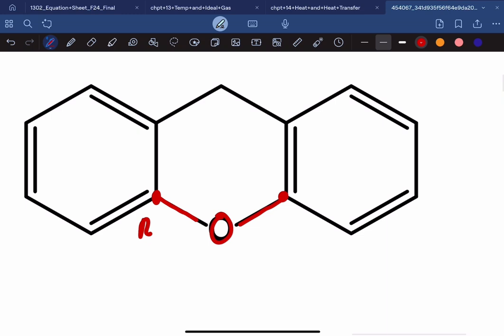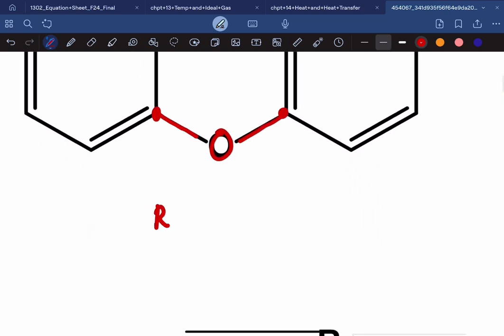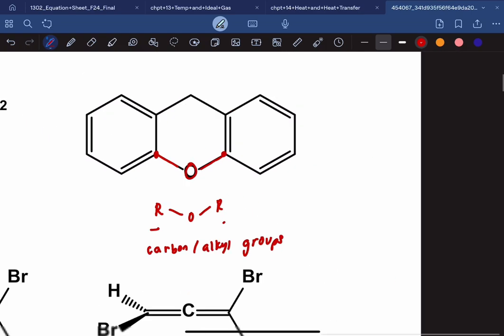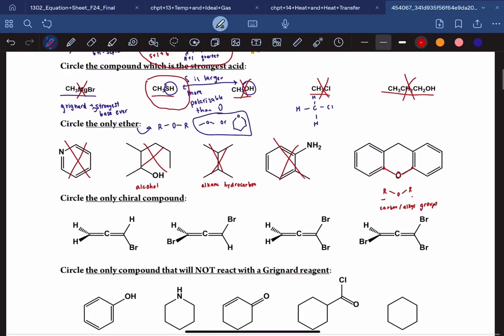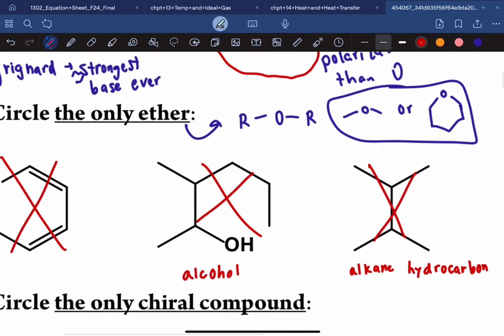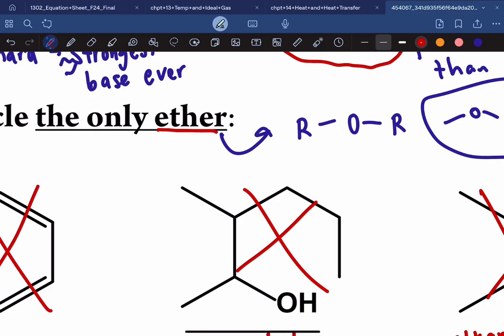We have R, let's do it underneath. R, O, R. And these R's are just carbons, by the way. R is just carbon alkyl groups. So this looks just like an ether. I'm going to circle this and move on. Okay? So it's very good to write out at the start what you're looking for, ether.